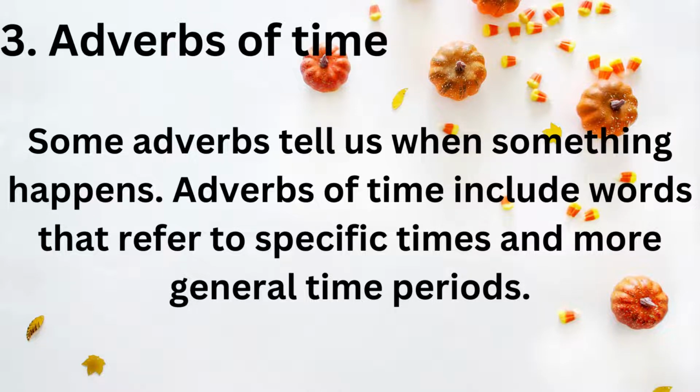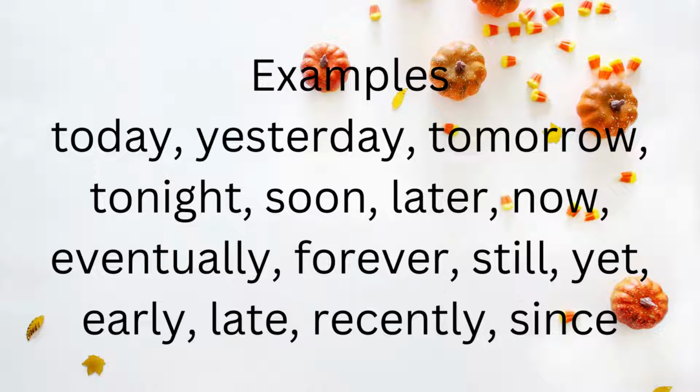So by looking at the examples, you will understand it more clearly. For example, the adverbs of time are today, yesterday, tomorrow, tonight, soon, later, now, eventually, forever, still, yet, only, late, recently, and since. All these are examples of adverbs of time.